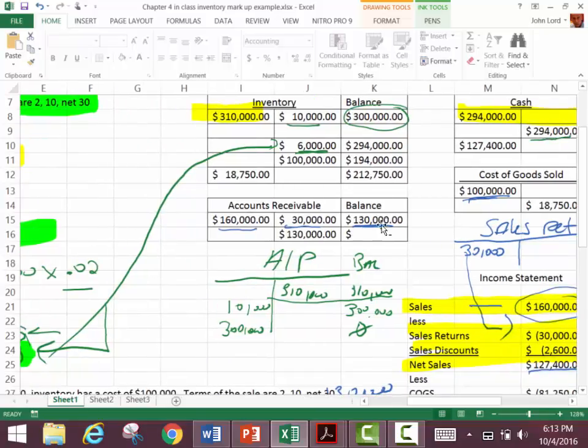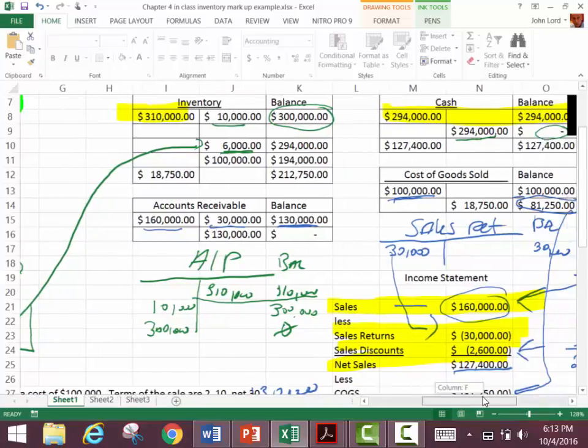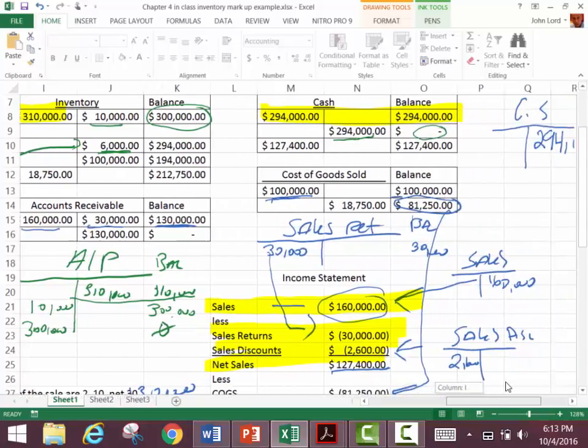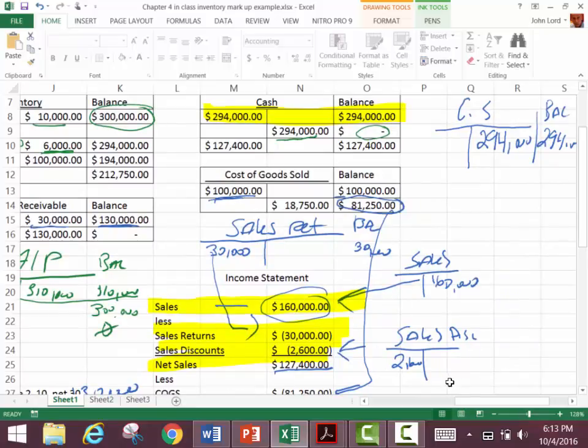The accounts receivable is now 0. I post my sales discounts here for the 2,600, and I debit the cash for the difference, the 127,400, which was what he paid me off of that 130,000.